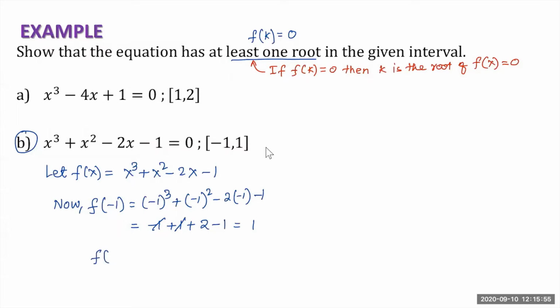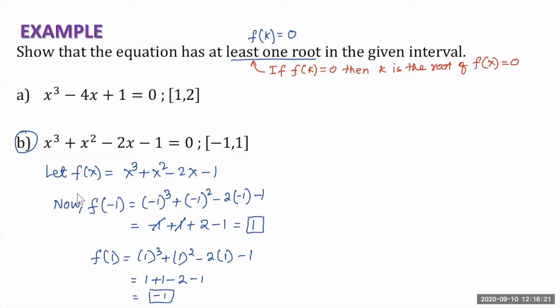Now f of 1, we plug in 1 to this equation again. So 1 cubed plus 1 squared minus 2 times 1 minus 1, which is equal to 1 plus 1 minus 2 minus 1, equal to -1. This is negative, that is positive.